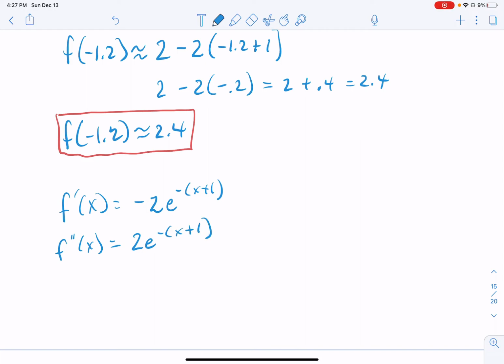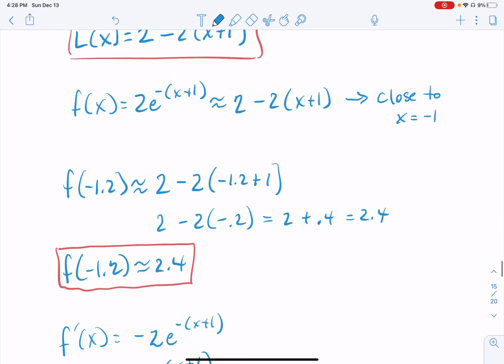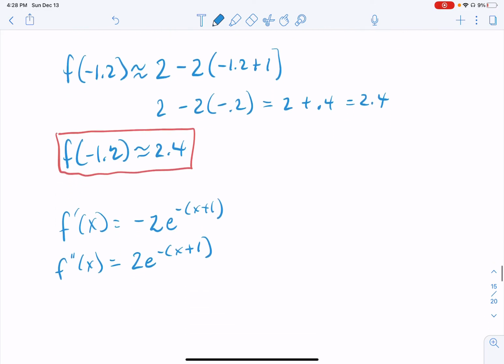Now remember, I need an argument based on some sort of interval. So I need to do an analysis of this second derivative to tell whether it's positive or negative close to negative 1, the point of tangency, which is negative 1.2.